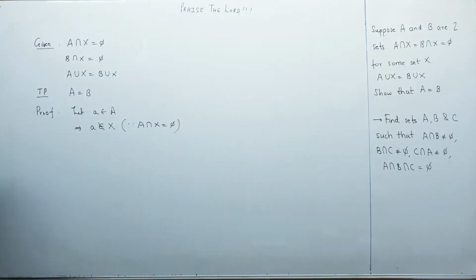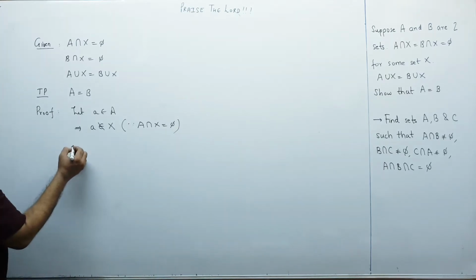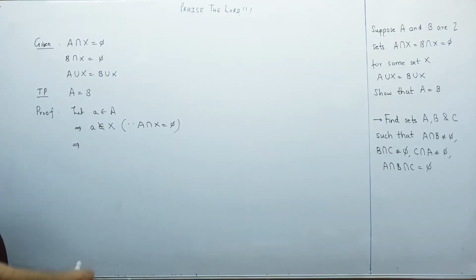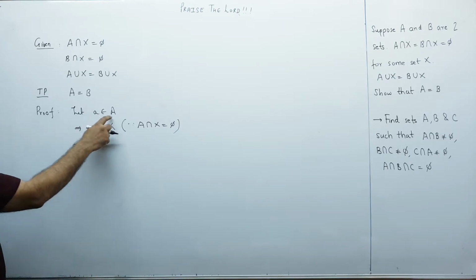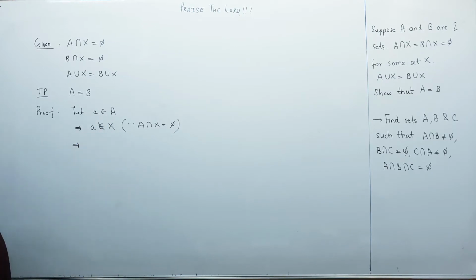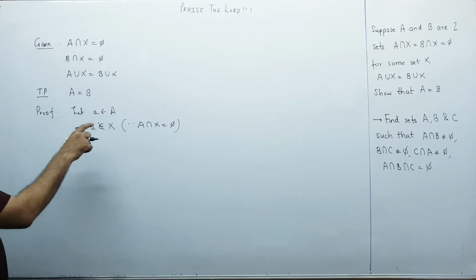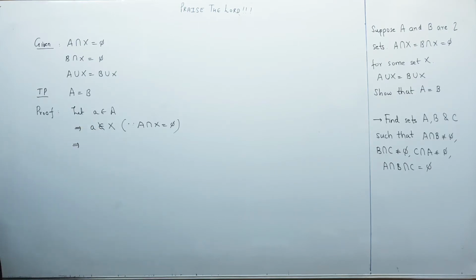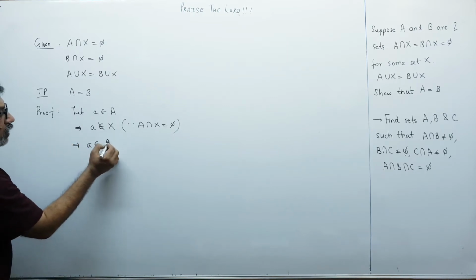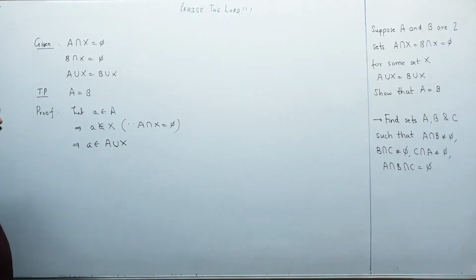So whatever is in A cannot be in X. A belongs to A but a not in X, but a is present in one of the sets, A or X. If any element is present in at least one set, it has to be present in union also. So that means a belongs to A union X.